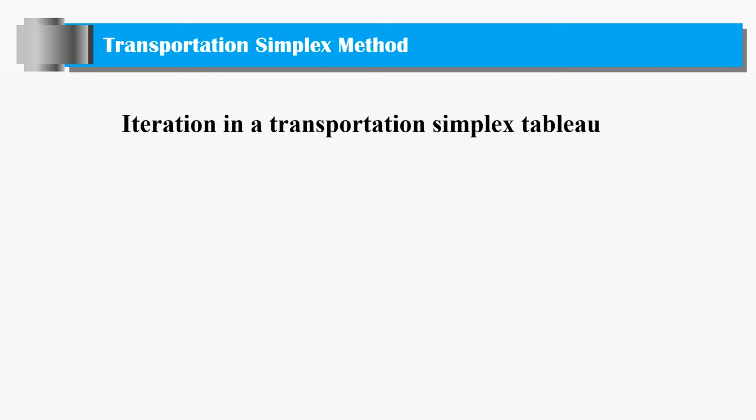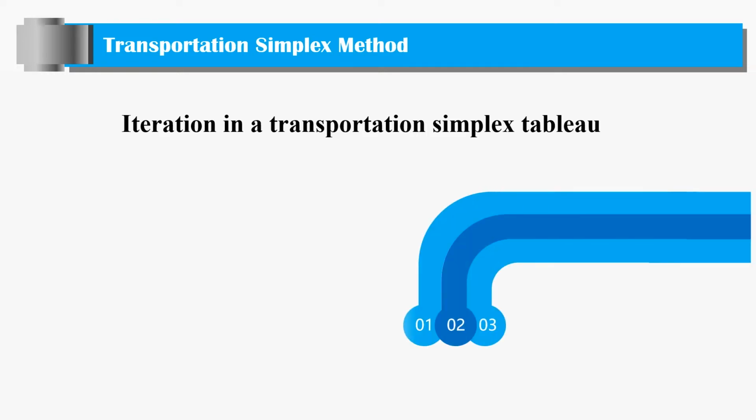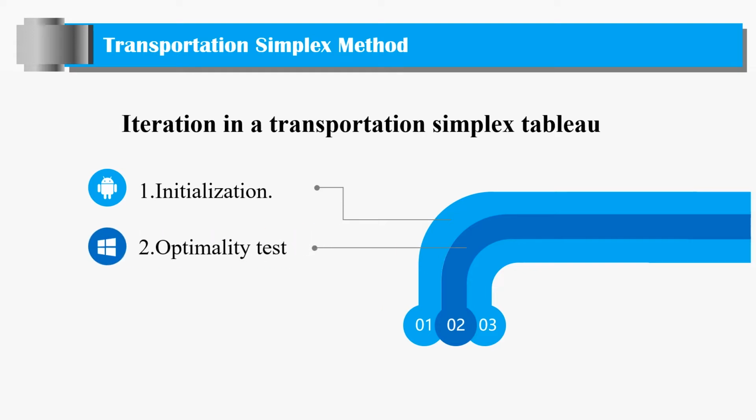Iteration in a transportation simplex table. The procedure includes 3 steps. The first one is initialization, the second, optimality test, the third, iteration.